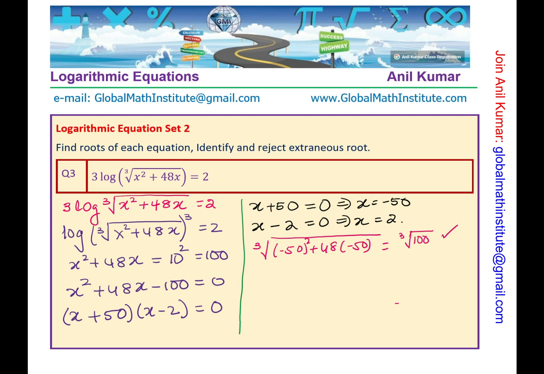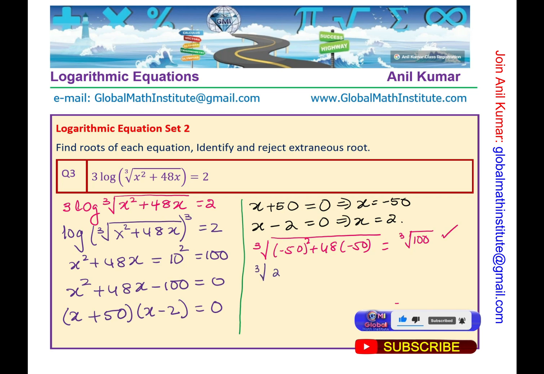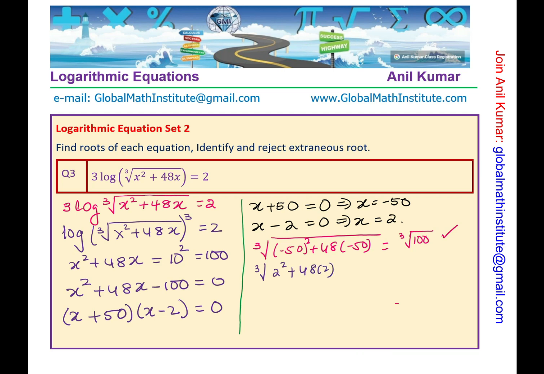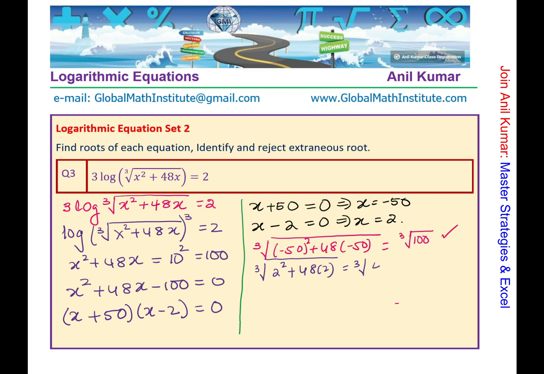Now let's also check the value 2. If I substitute 2 here, what do I get? The cube root of 2 squared plus 48 times 2, which is the cube root of 4 plus 96, which is also 100, right?